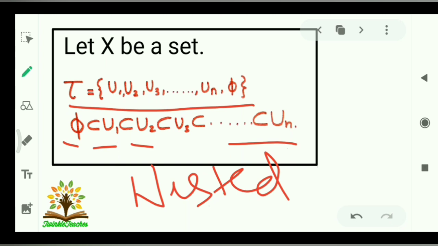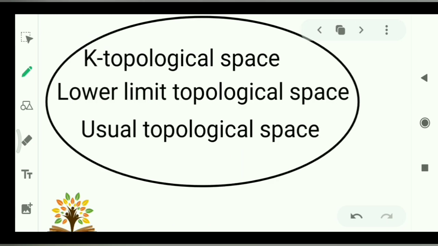So this property is known as the nested property and a topology comprising this property is known as nested topology on the set. Also, the set with this topology is known as nested topological space.